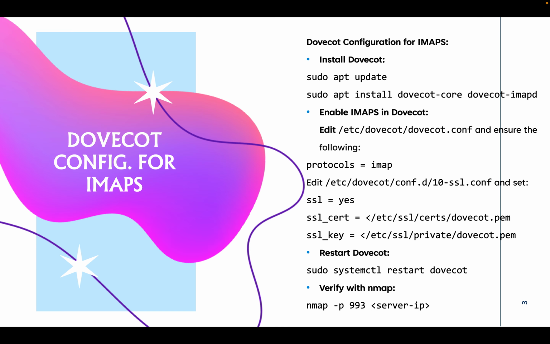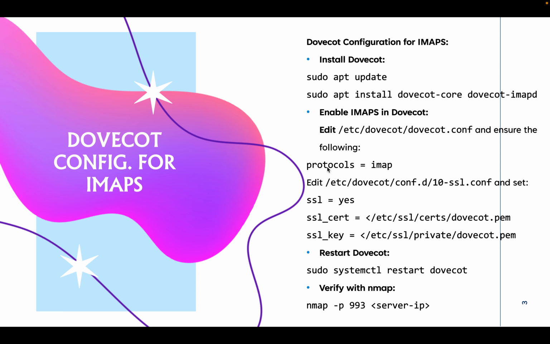So the first thing we would do when configuring IMAPS is install Dovecot, because that's how we're going to be doing it on Linux. We'd use the command sudo apt update, and then sudo apt install dovecot-core and dovecot-imapd. Then we would enable IMAPS in Dovecot, so we'd edit the Dovecot directory under etc and ensure the following.